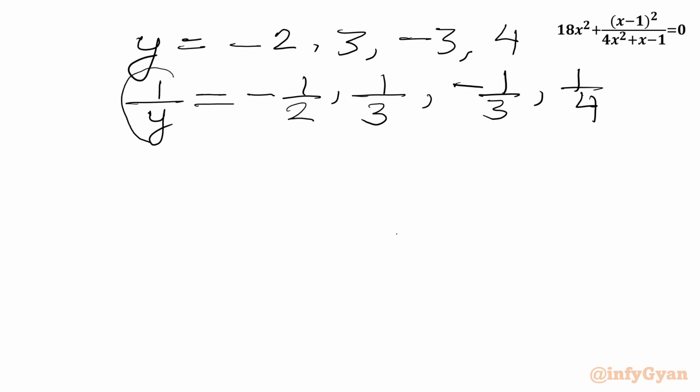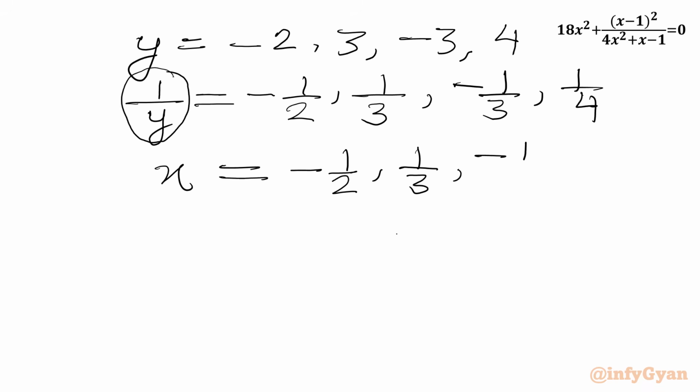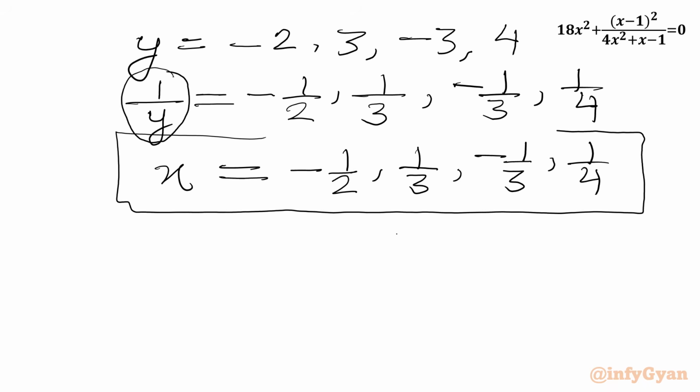And 1 over y is x. So here we can write x will be equal to minus half, 1 over 3, minus 1 over 3 and 1/4. So we have 4 real values of x which will satisfy our equation.